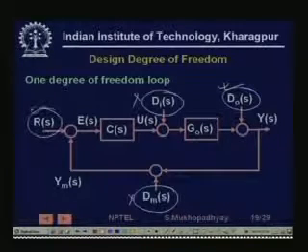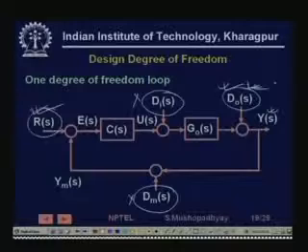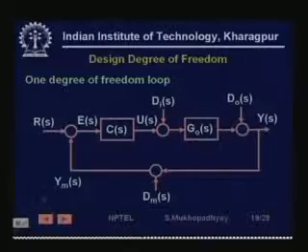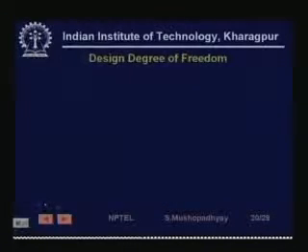We want good set point tracking, so the response Ys by Rs we want to shape, and at the same time we want good disturbance rejection, so this response Ys by D0s also we want to shape, but that is not possible because this is a 1 degree of freedom controller. Using Cs you cannot select both of them independently, that is obvious from the equations.